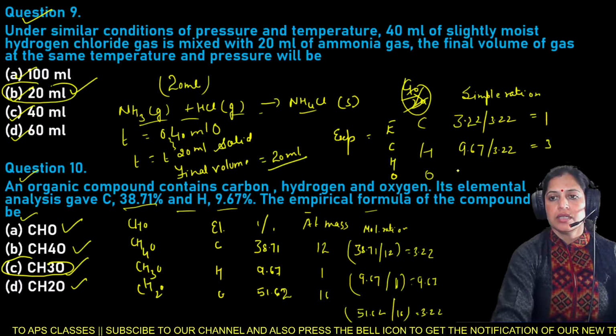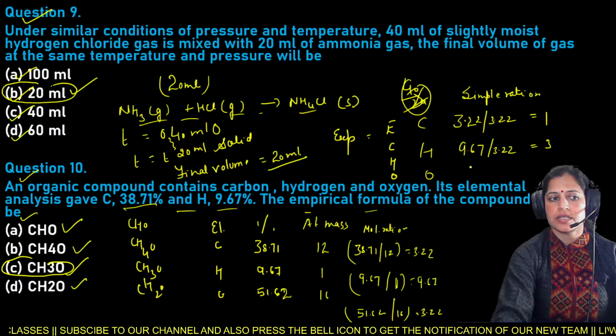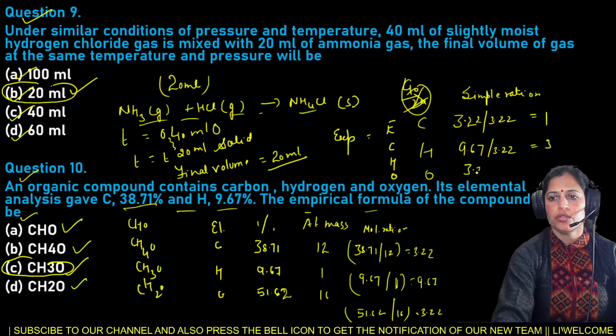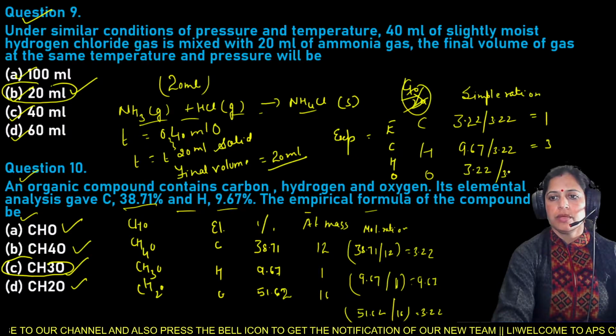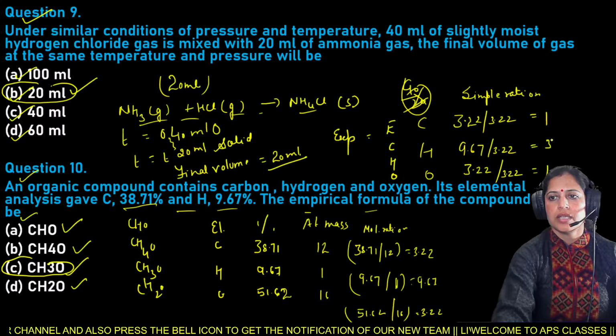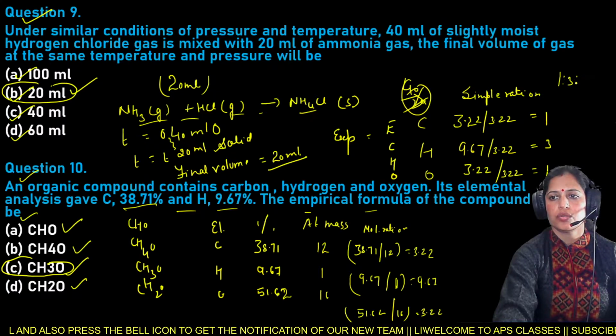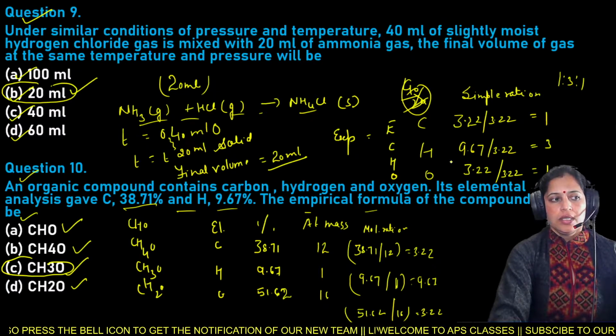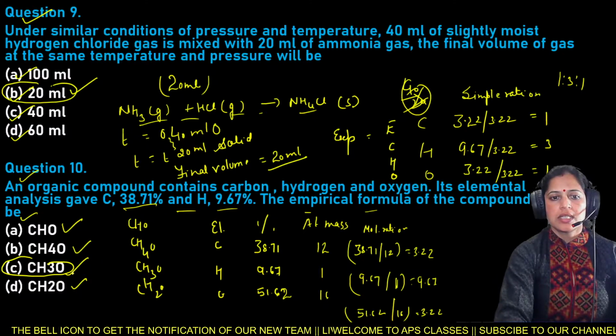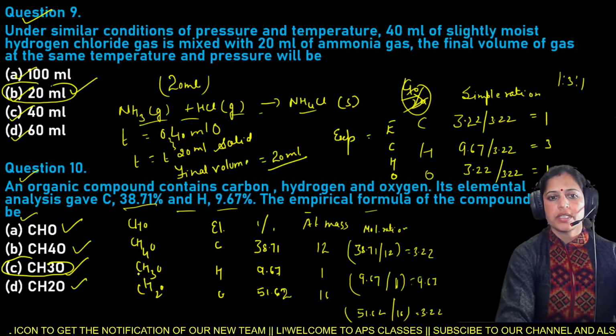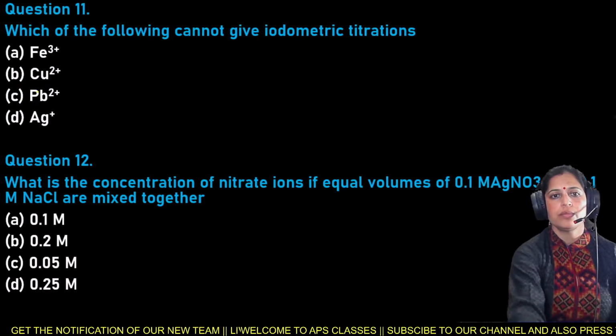And the simple ratio of oxygen is 3.22 divided by 3.22, which is equal to 1. Hence, the ratio is 1:3:1. So here the answer is CH3O. This is the right answer for question number 10.